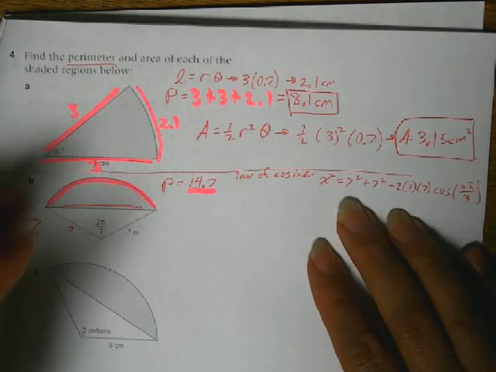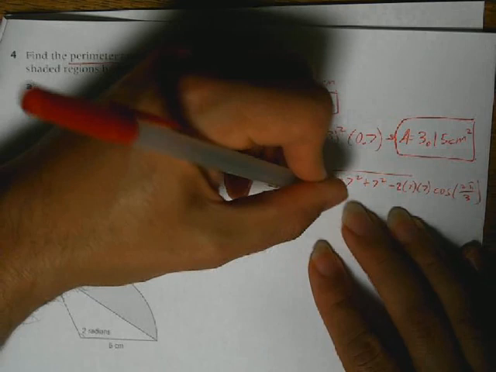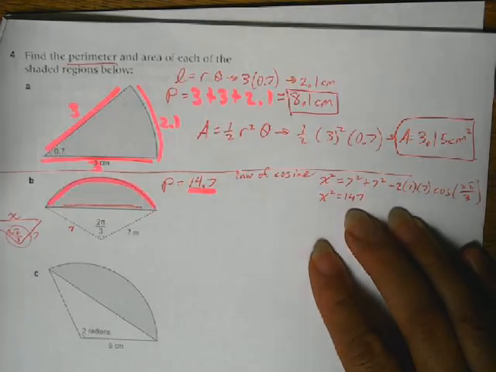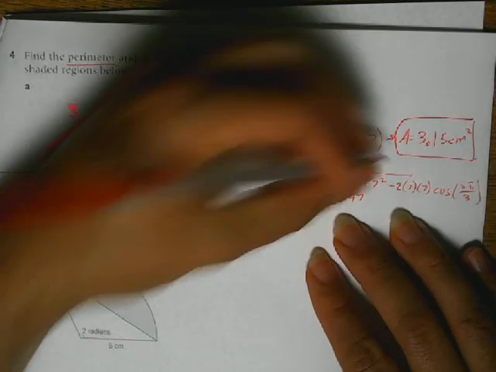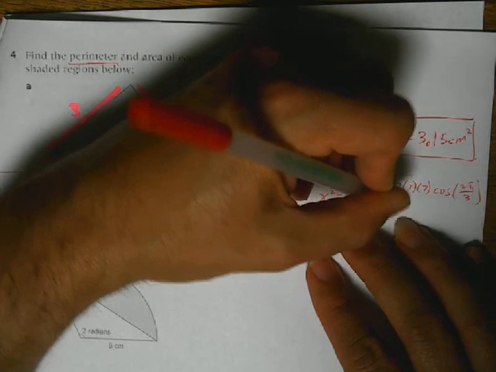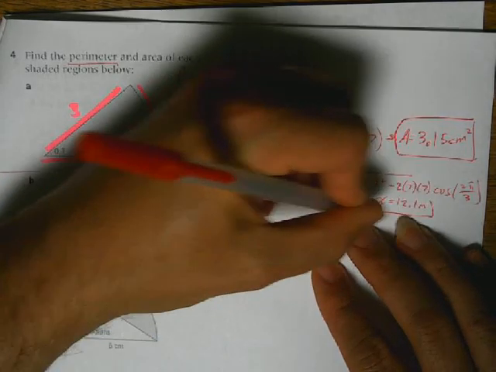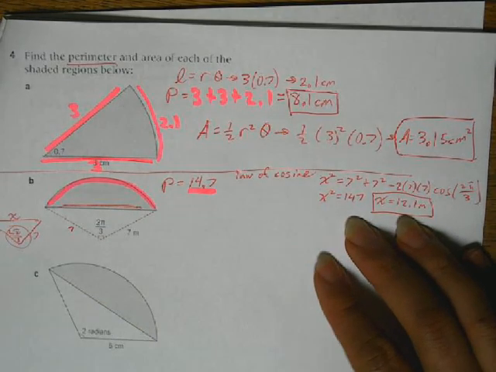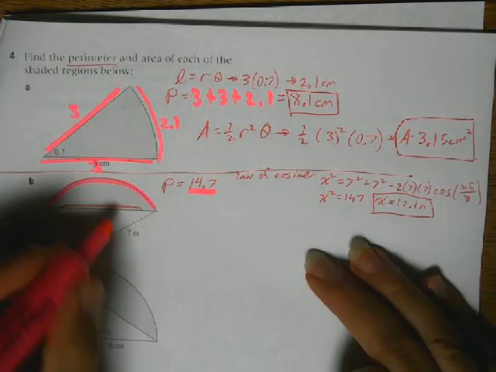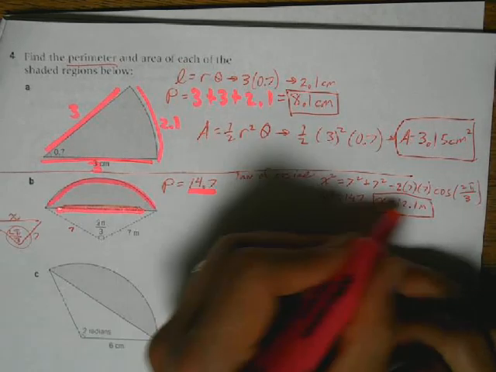I end up with x squared equals 147, and then I take the square root of that, and I get x equals 12.1 meters. So now I know this length right here is 12.1.